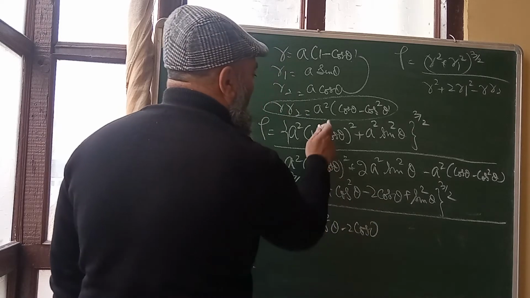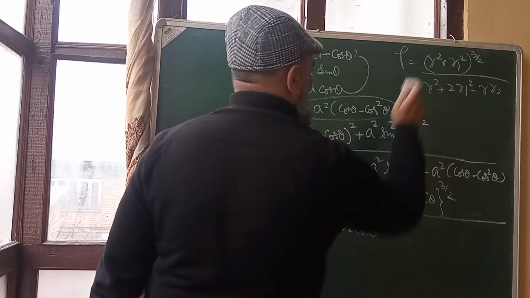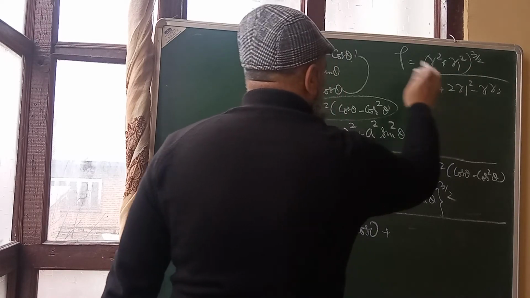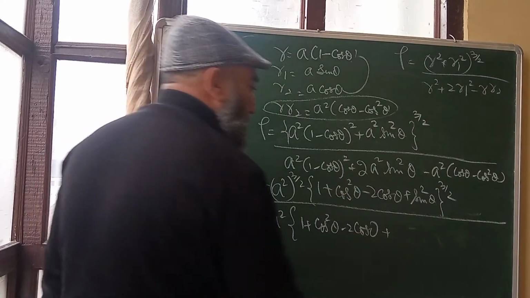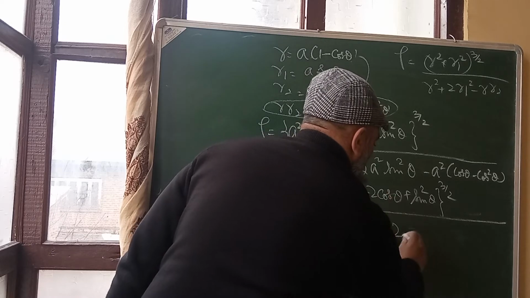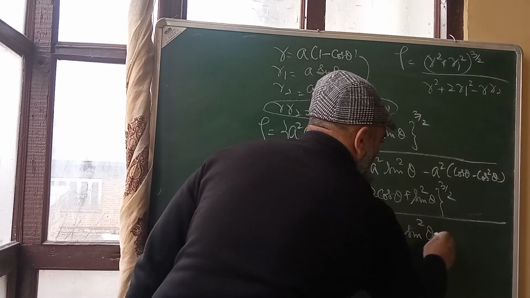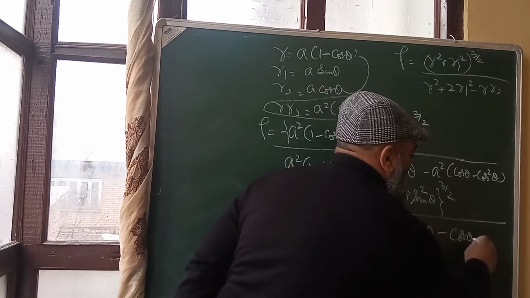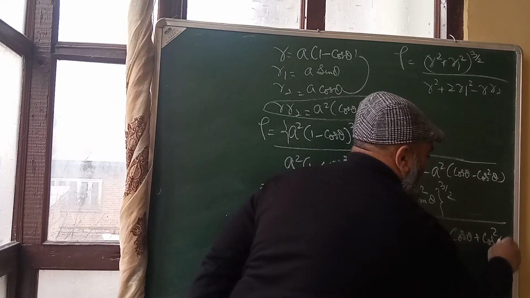Same here and here, R square and R square. Then you have R1 square. This is again R1 square but twice. So this will be twice a square, you have already taken, sine square theta minus R R2. So minus cos theta plus cos square theta.